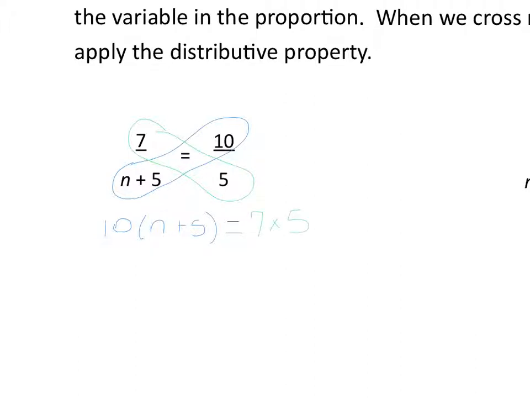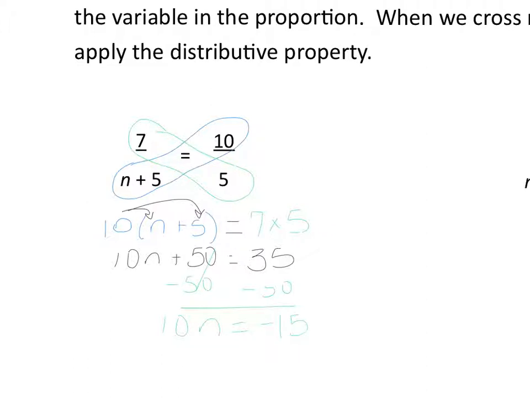Now we have to go through the process of distributing. 10 times n is 10n, plus 10 times 5 is 50, equals 7 times 5, which is 35. Now we can solve this problem by subtracting 50 from both sides. And on the left, we are left with 10n, and on the right, we are left with negative 15.